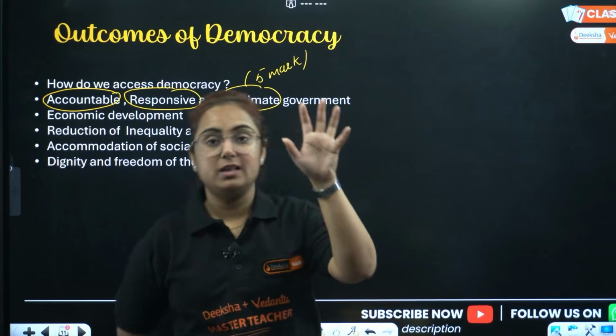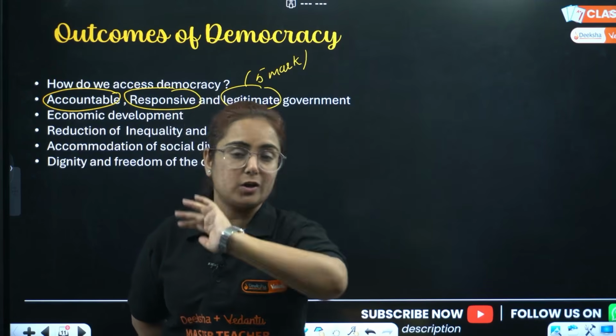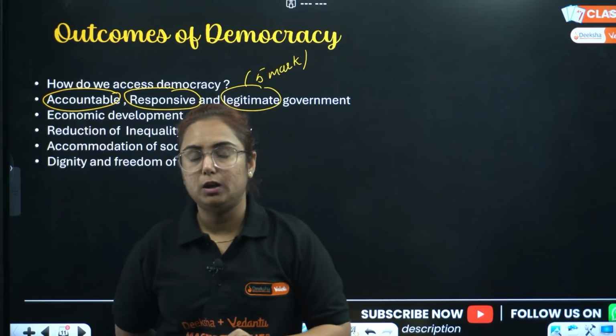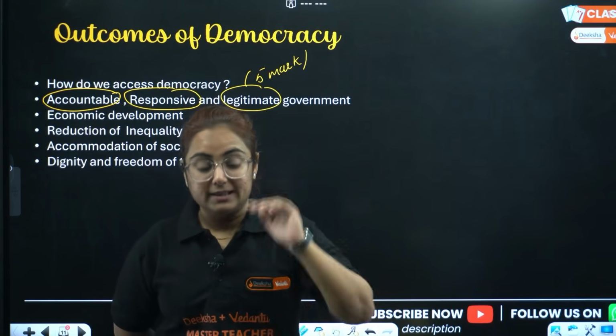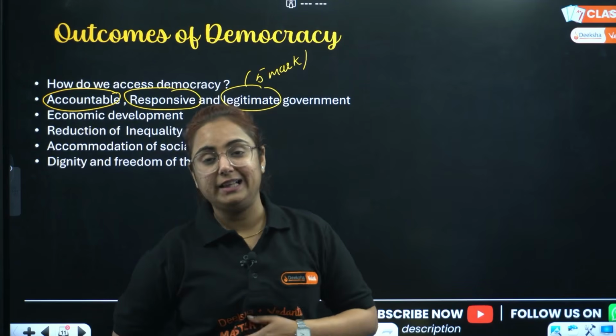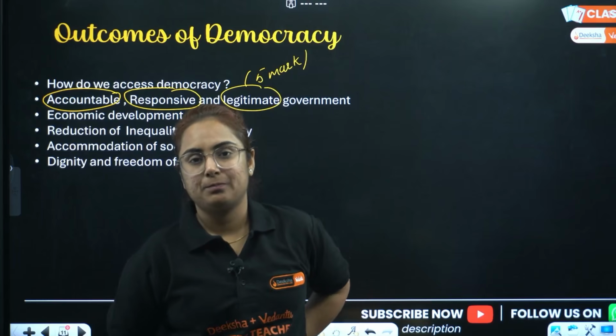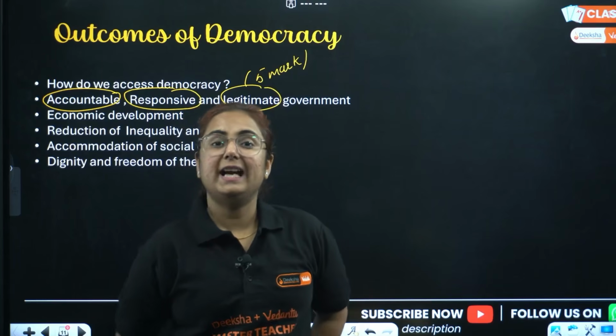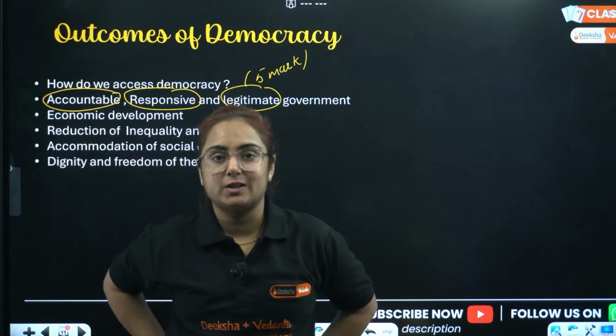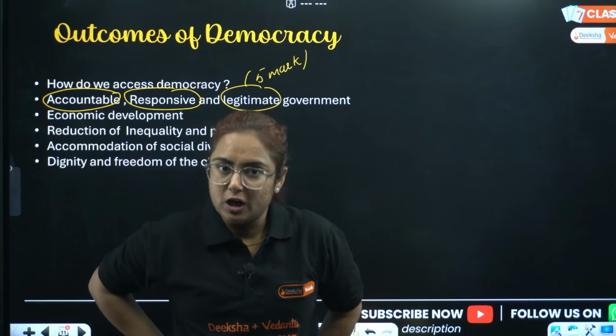Does democracy mean economic development? No. They said that they will give economic equality, but it is not possible. It created a situation of haves and have-nots. Rich are becoming richer, poor are becoming poorer.